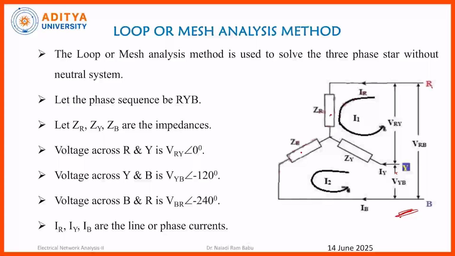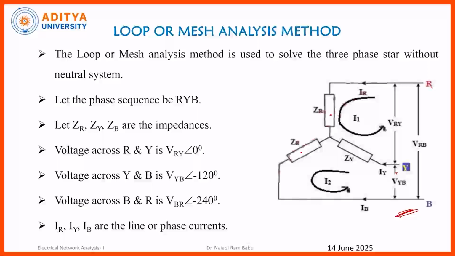ZR, ZY, ZB are the impedances across phases R, Y and B, and IR is the line current flowing through the R phase. In a similar manner, IY and IB are the line currents flowing through phases Y and B. In star connection, the line current is equal to the phase current, right? So the currents are the same, but the voltage values will vary.